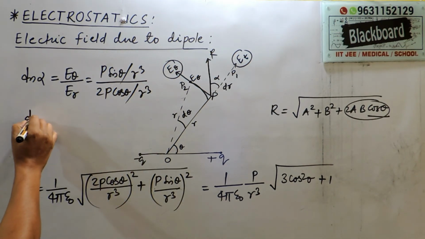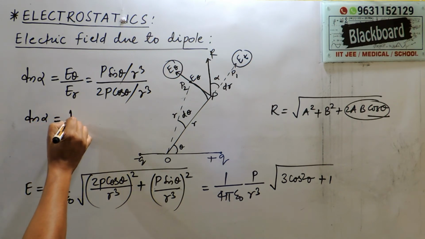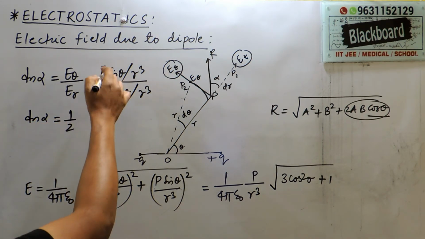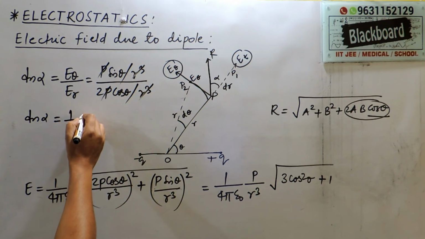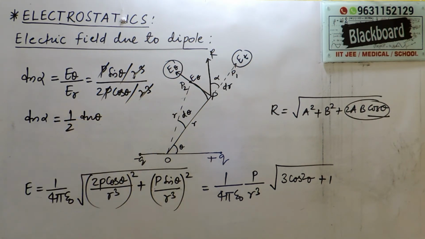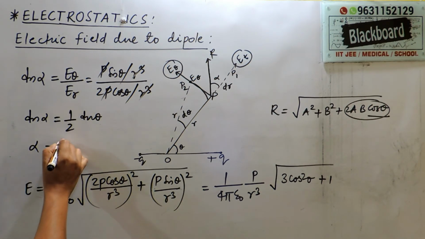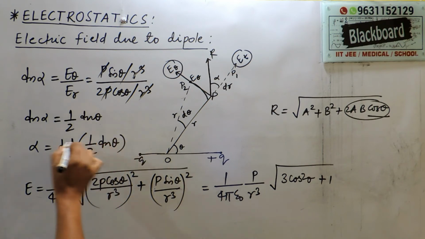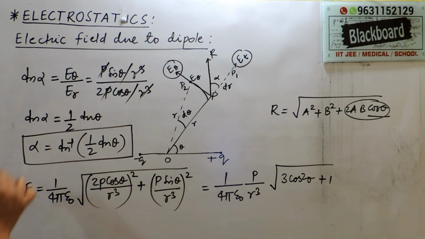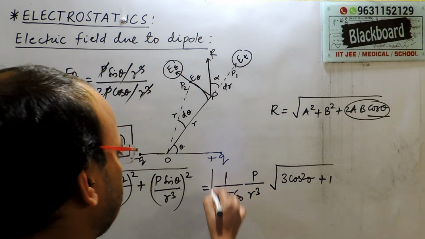After solving, p and R cube cancel out, and tan alpha is half tan theta. So alpha is tan inverse of half tan theta. This is your angle, and this is the value of E.